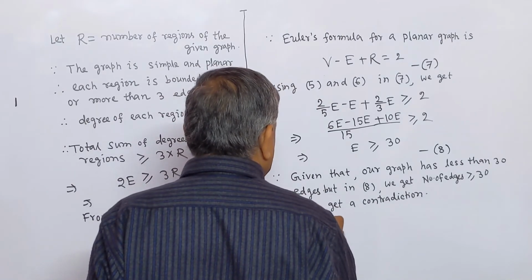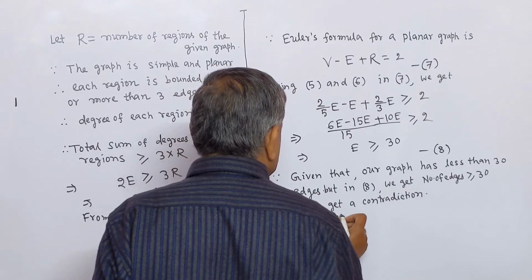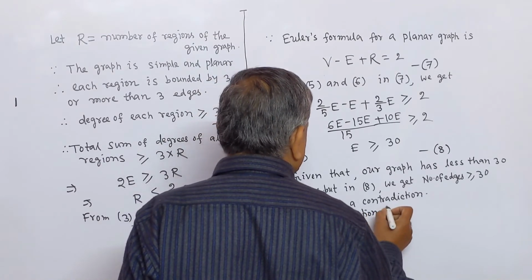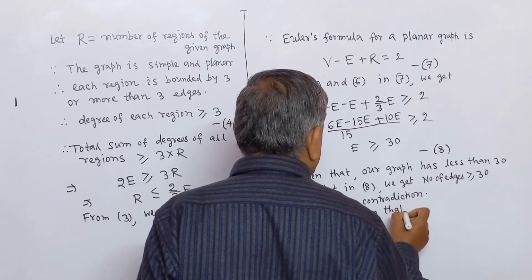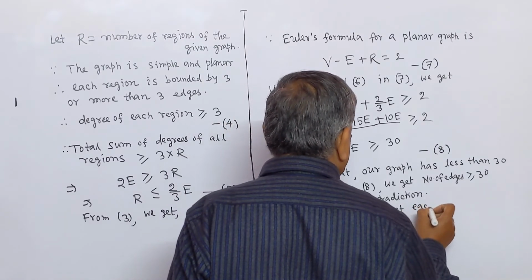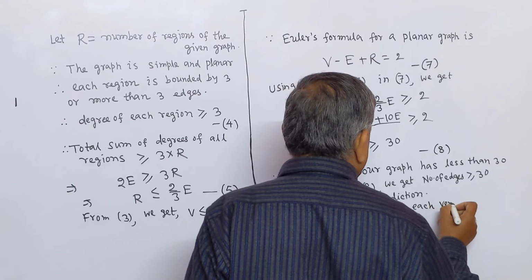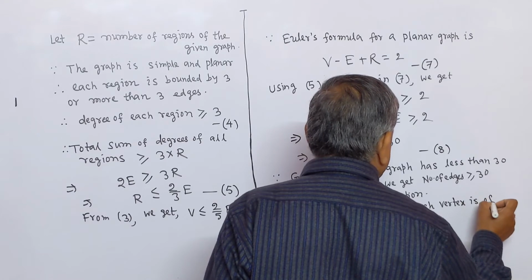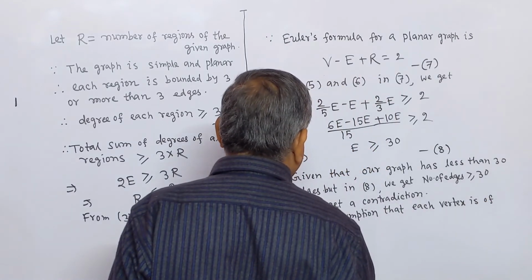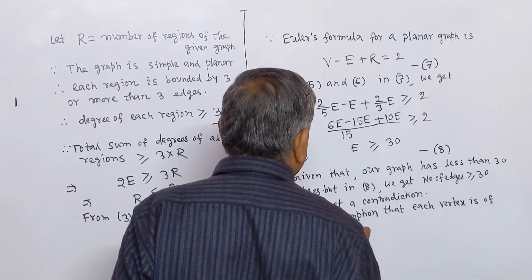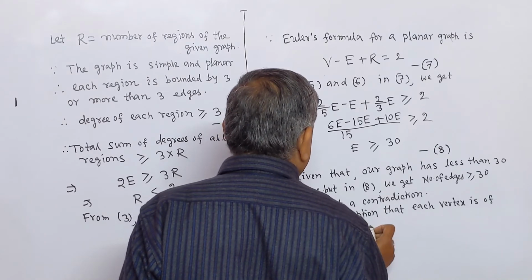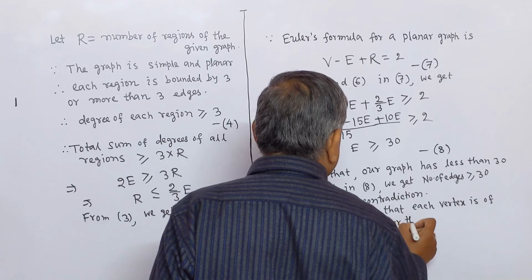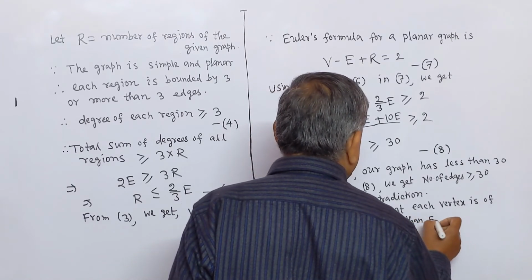Therefore our assumption that each vertex is of degree 5 or greater than 5 is wrong.